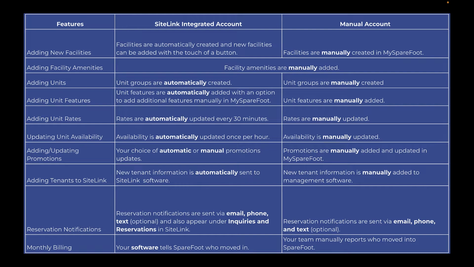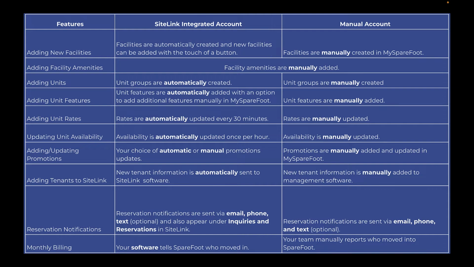Having a manual account, facilities, amenities, unit groups, unit features, rates, availability, promotions, new tenants, and reconciliation were all a manual process to maintain in your account. By having an integrated facility, facilities, unit groups, unit features, rates, availability, and promotions are automatically updated and synced with your software.